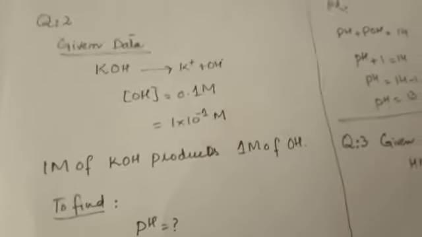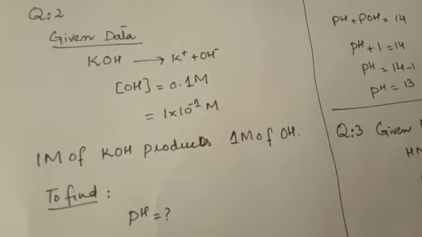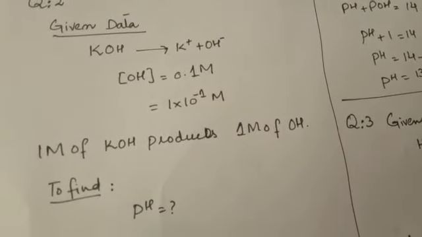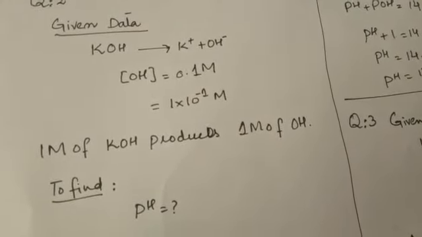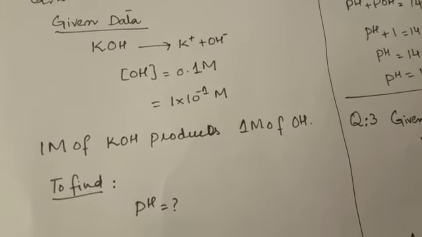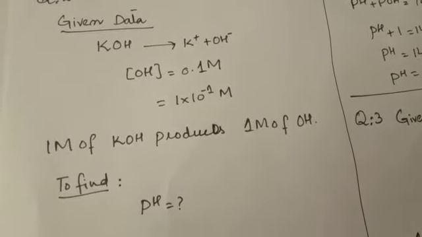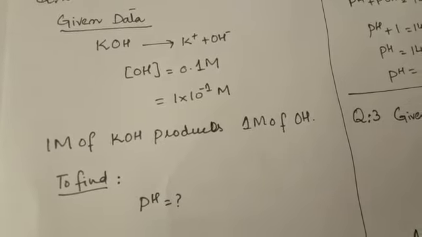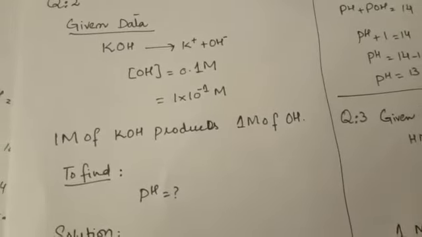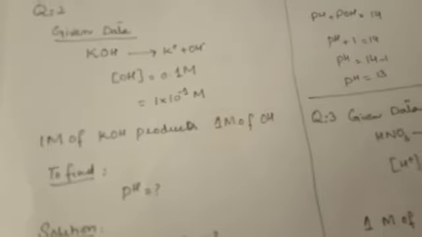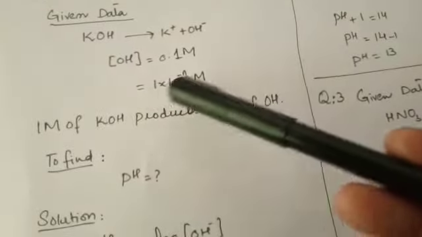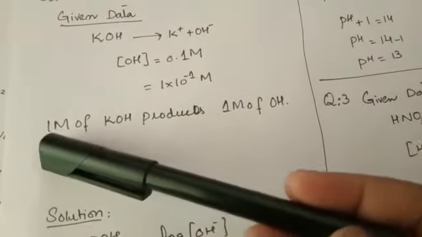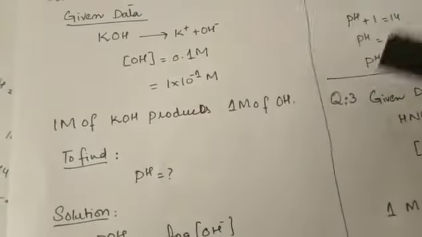In numerical number 2, we are provided with the given data. According to the statement, calculate the pH of 0.1 M KOH. The amount of hydroxyl ion here is 0.1 M KOH. According to the equation, one ion of K and one ion of hydroxyl are produced. We convert the decimal into a simple power of 10, and 1 M of KOH produces 1 M of hydroxyl ion.